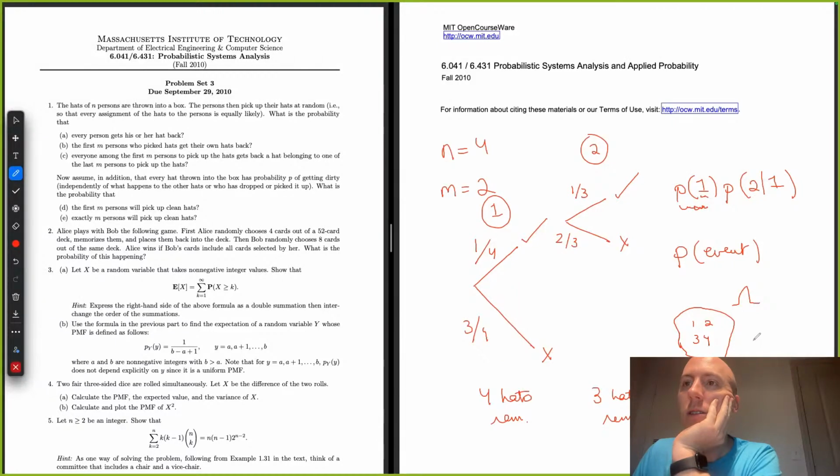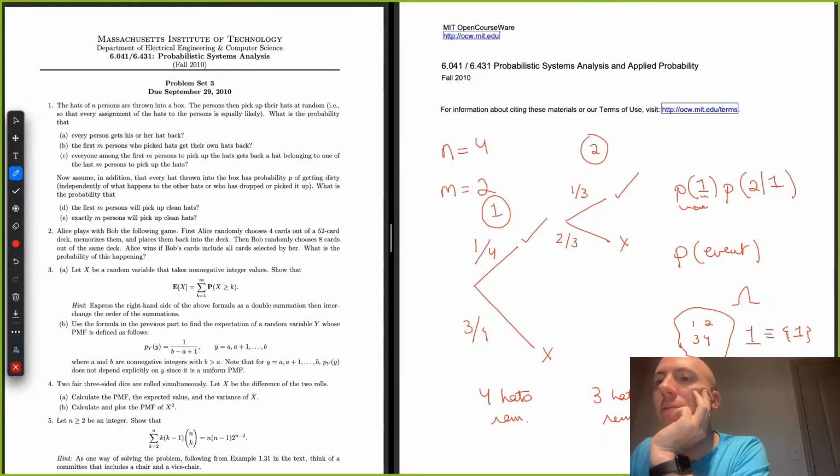Let 1 be the event that 1 occurs. Then we know the probability of 1 complement is equal to 1 minus the probability of 1, which is 3/4.